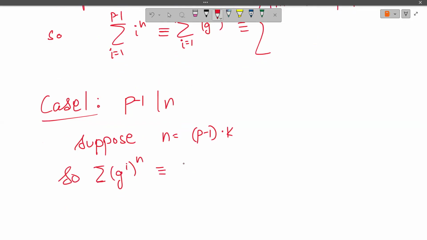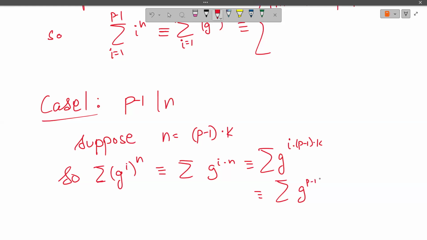The sum of i to the power n is congruent to the sum of g raised to the power i into n, which is congruent to the sum of g raised to the power i into p minus 1 into k, which is congruent to the sum of g raised to the power p minus 1, raised to the power i times k.